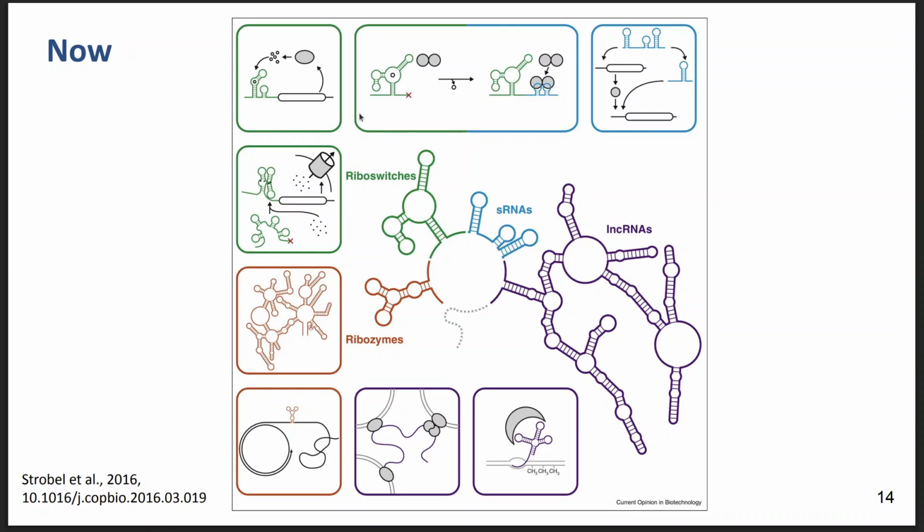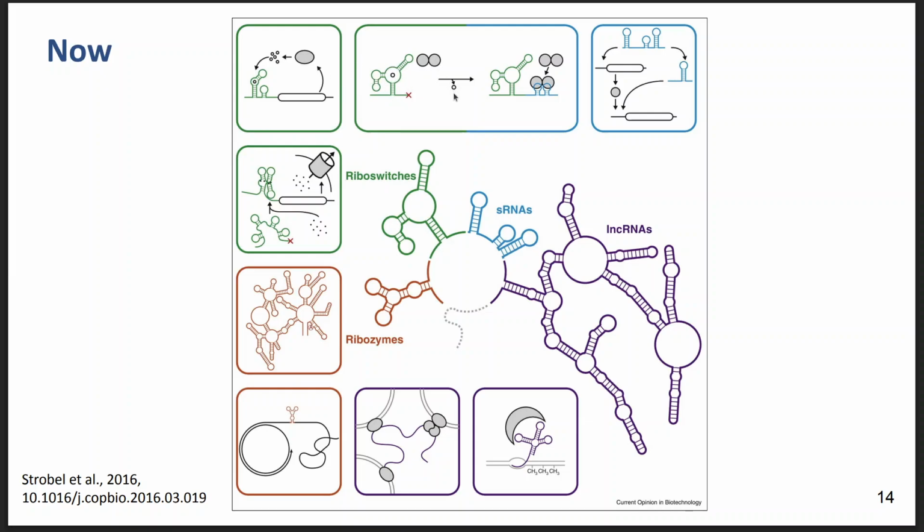One canonical example is a ligand binding riboswitch. So once we have no ligands, the riboswitch forms some structure. Actually here it's the opposite. Once bound to a ligand, the riboswitch has one structure.